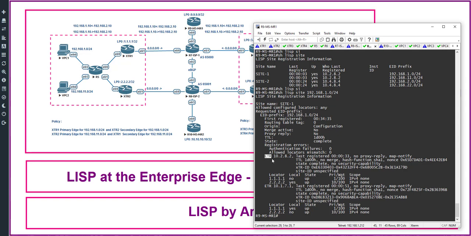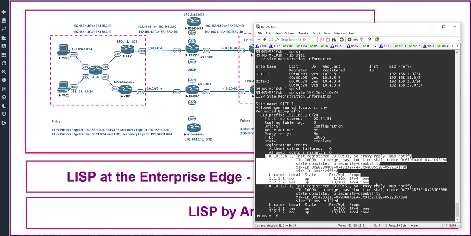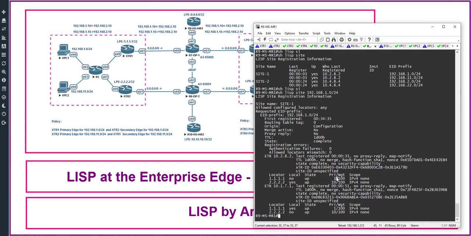This means that router 2 advertises itself, and also the RLOC of router 1, with different priorities. As you can see, the priority of router 1 is lower, and this means that the preference of router 1 is higher.